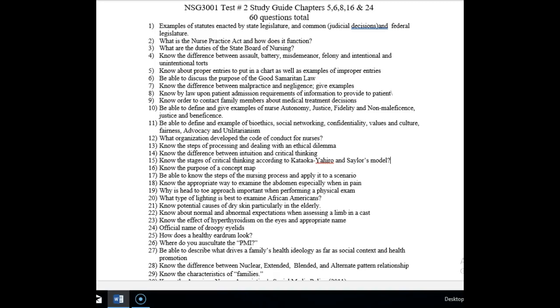That's the stages of critical thinking. There are basically 3 levels of critical thinking. There's the basic level, the complex level, and then there's what they consider commitment, which is the 3rd level. So I could tell you briefly what happens in each level.